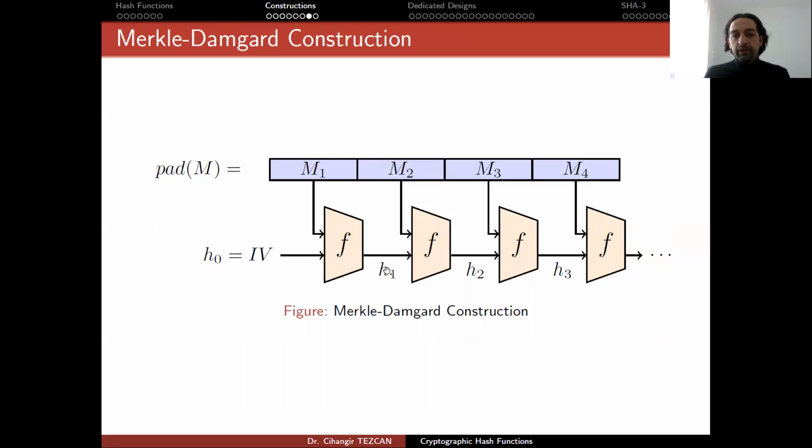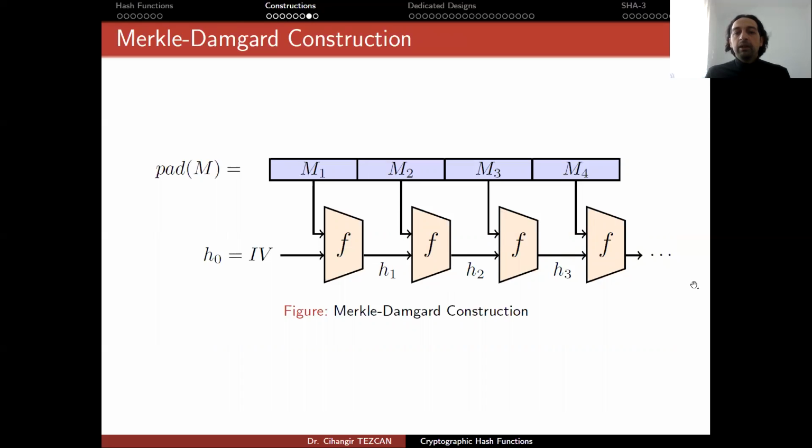This H1 has a length, we call it a message digest, and its length depends on the hash function you are using. For instance, SHA-1 has 160 bits, and SHA-2 has many different versions from 224 to 512 bits. If you have more than one block, you take this output and put it into the compression function again, take the second message block, and continue in this way.